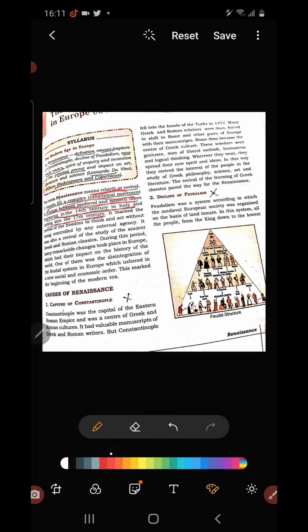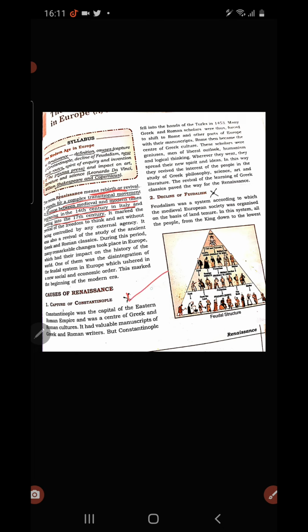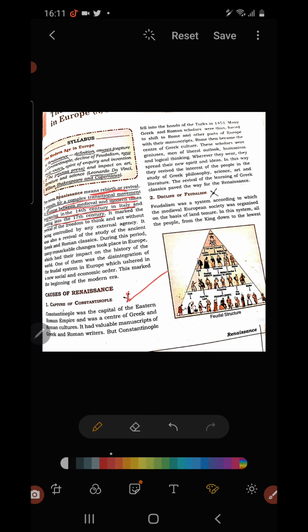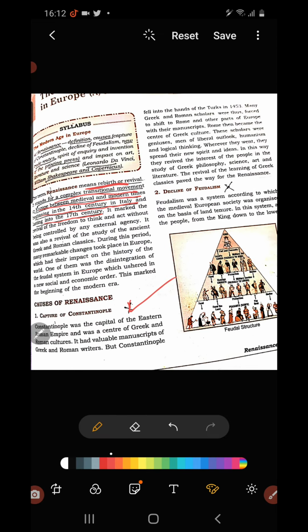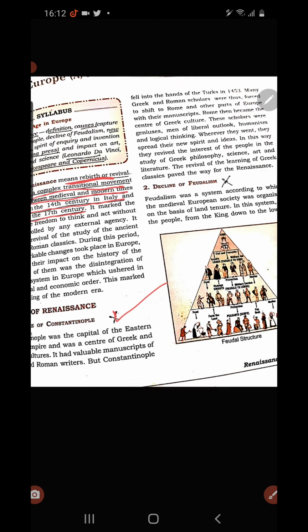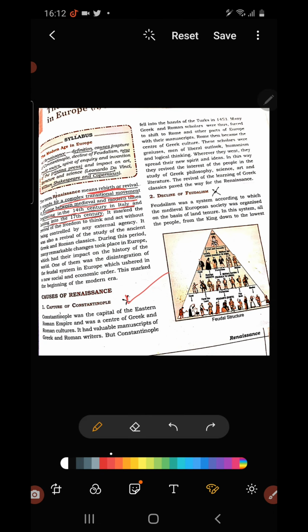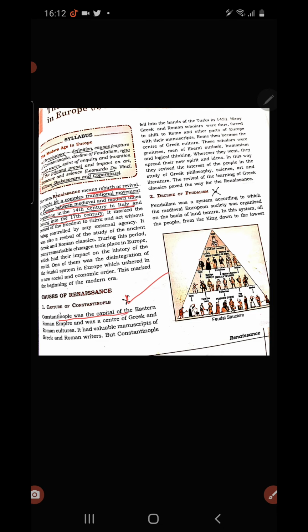Then, children, this topic, the capture of Constantinople, is there that you have to study. Constantinople was the capital of the Eastern Roman Empire and was a center of Greek and Roman cultures.